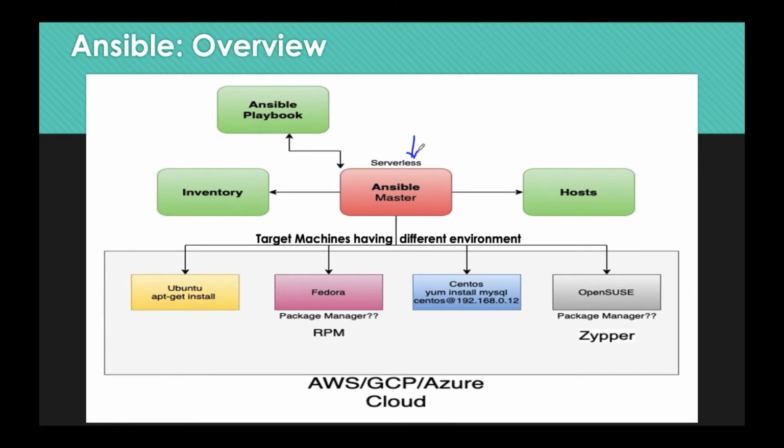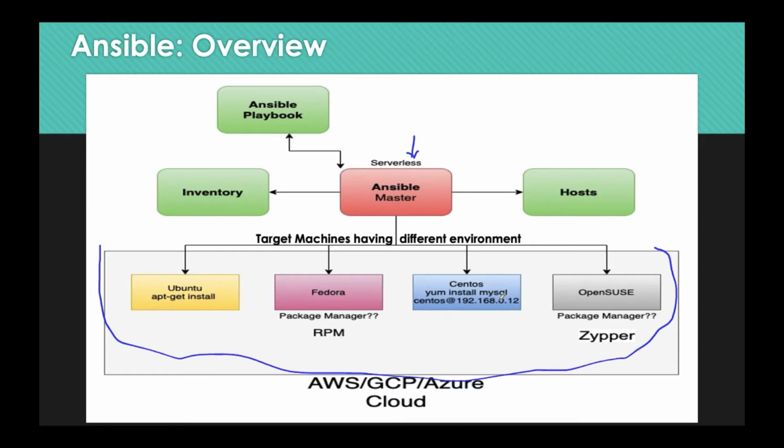And these are the rest of your remote machines, which might be stored in any cloud, like AWS, GCP, or Azure. These are the clouds where all these machines are stored.